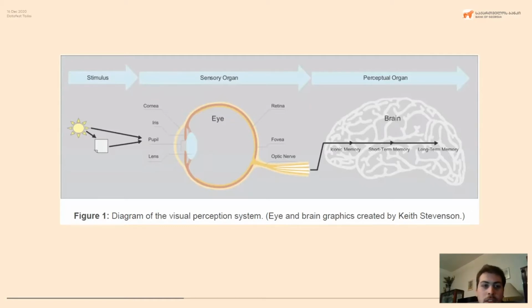Iconic memory is similar to the graphics buffer of a computer. It briefly stores what the eye sees until it's either moved into short-term memory, also known as working memory, for conscious processing, or is discarded as non-essential. Short-term memory is like random access memory, like RAM.